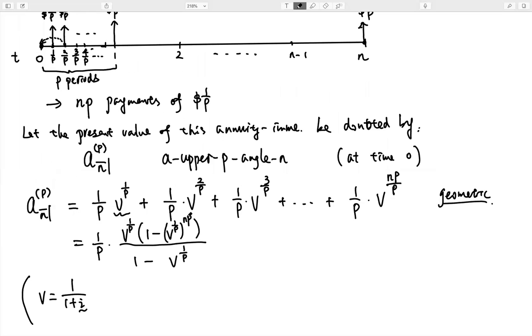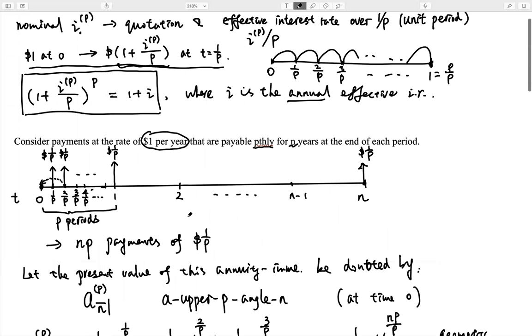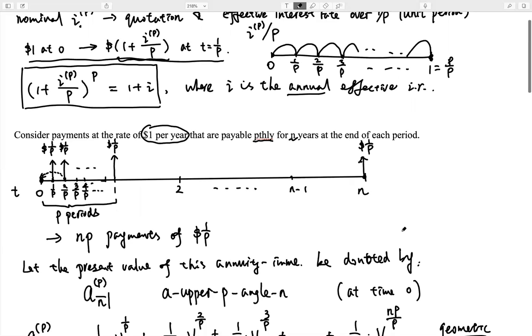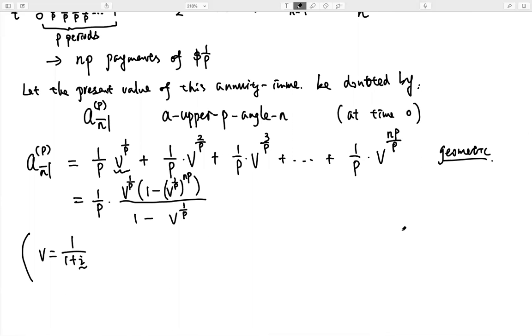In this context, we will need to convert it back to the nominal, because that's what we are given. We are given this nominal rate i upper P instead of i directly. But of course, if you know i, that helps. So from here, we can simplify a little.